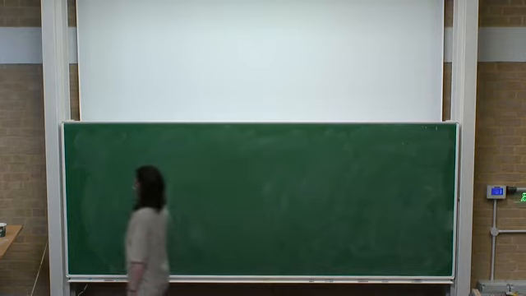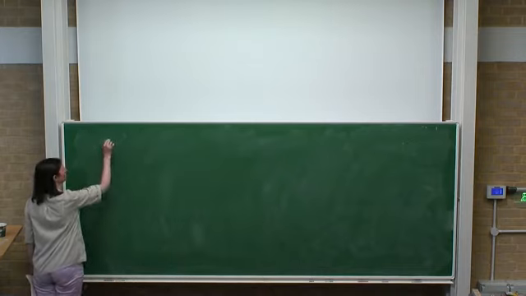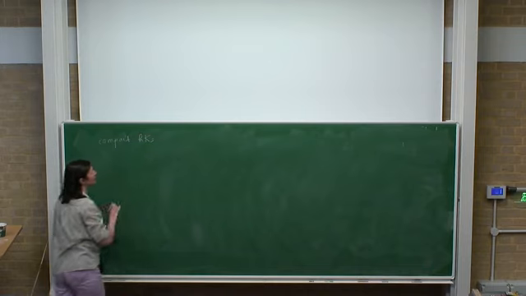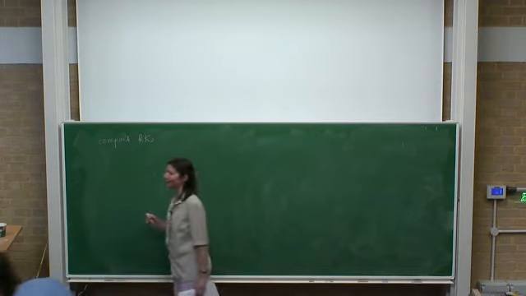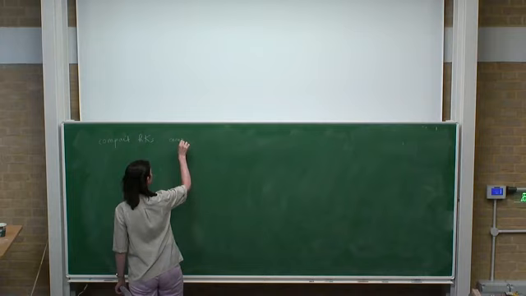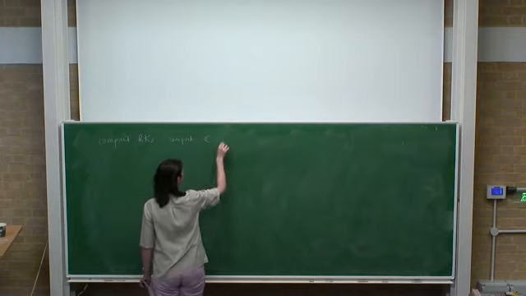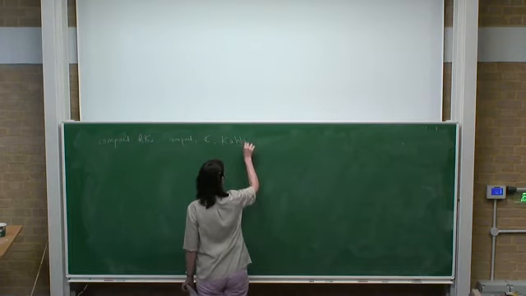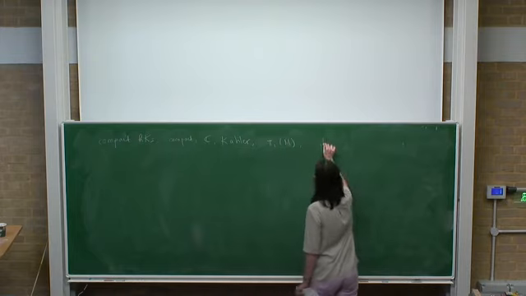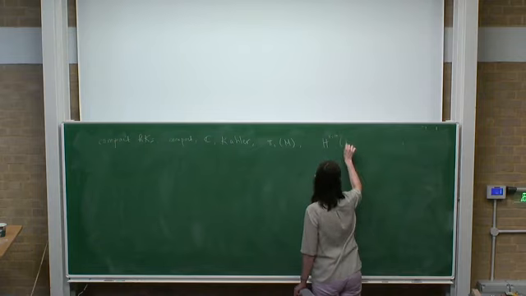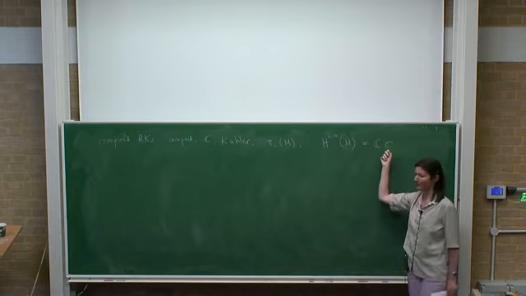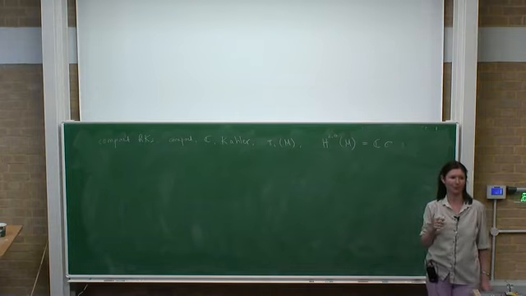I will consider compact hyperkähler manifolds. I'm going to use the algebraic definition most of the time. So this is a compact complex Kähler manifold, which is simply connected, and such that H^{2,0} is one-dimensional, and it is generated by an everywhere non-degenerate holomorphic two-form.